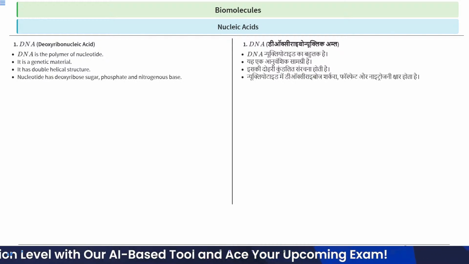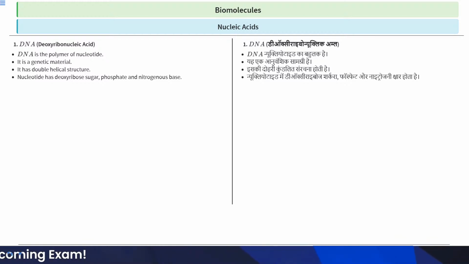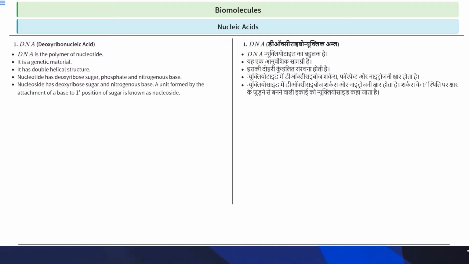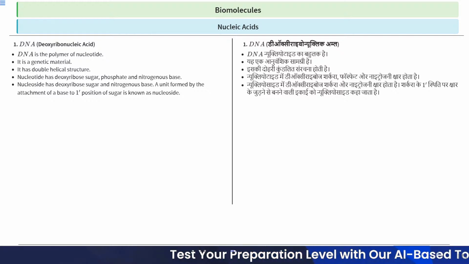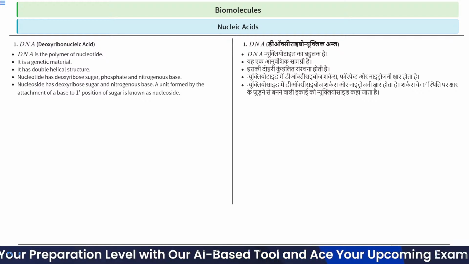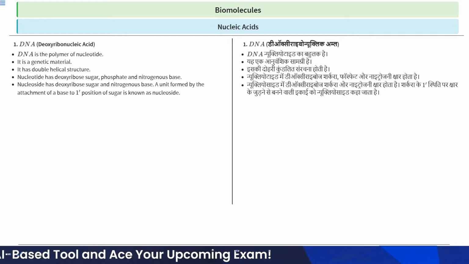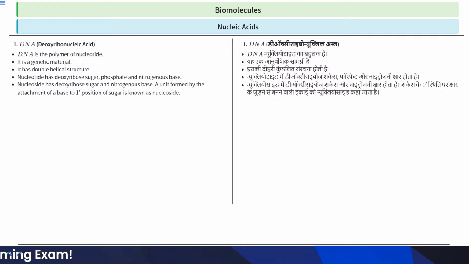Nucleotide has deoxyribose sugar, phosphate, and nitrogenous base. Nucleoside has deoxyribose sugar and nitrogenous base. So in the nucleoside there is absence of phosphate. A unit formed by the attachment of a base to the first position of sugar is known as nucleoside.